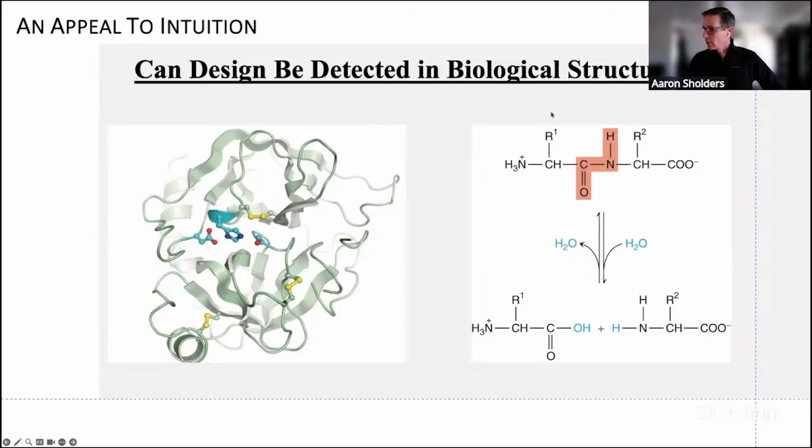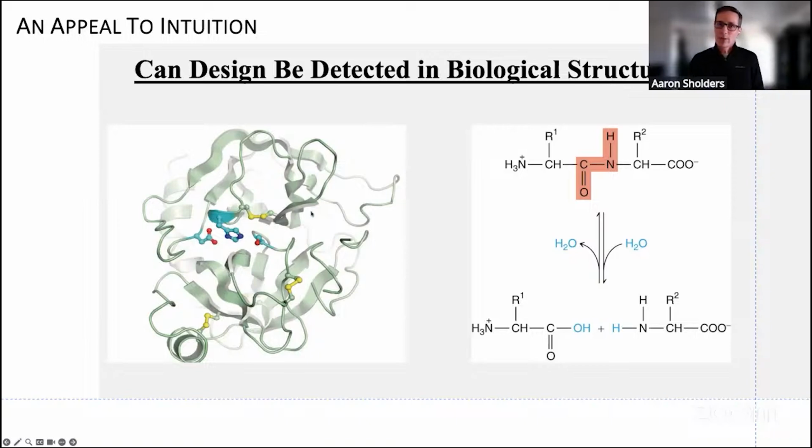We start here with our reactant, and we start here with water, and we go in this direction, and water can break that bond and make two individual amino acids. That takes hundreds of years without an enzyme. However, if we have chymotrypsin, it can do it in seconds.